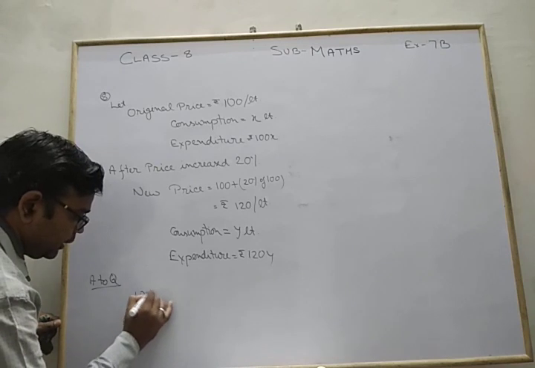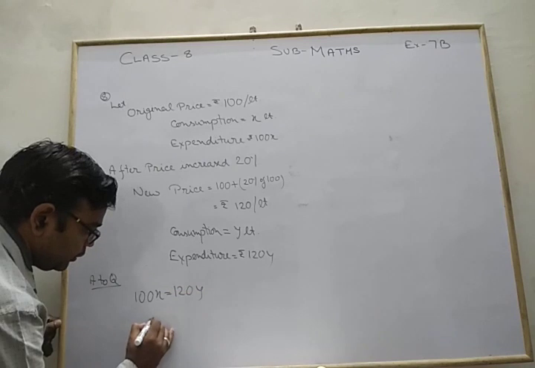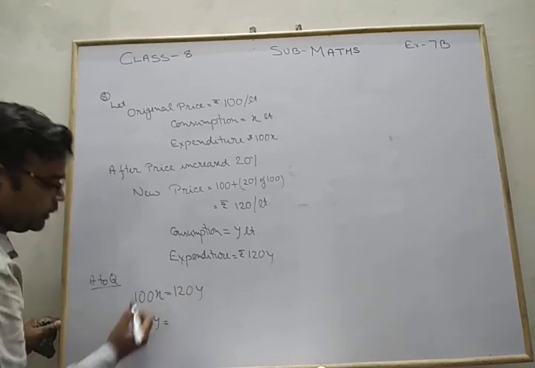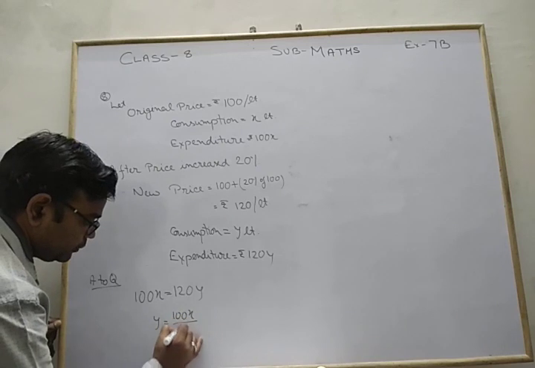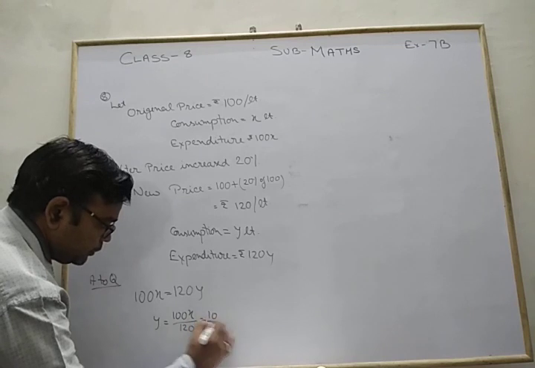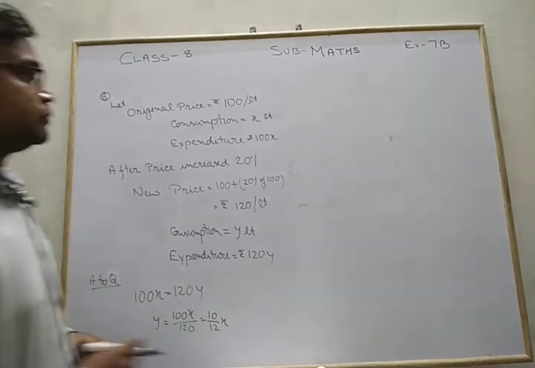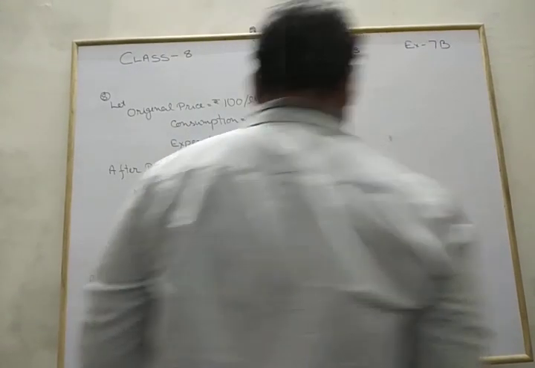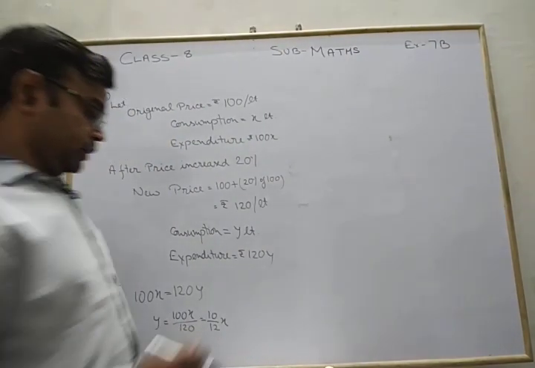So 100x equals 120y. We are going to find the value of y in terms of x. 100x upon 120, if we say it's 10 upon 12x. Now we come to this part and check whether we are right or wrong.